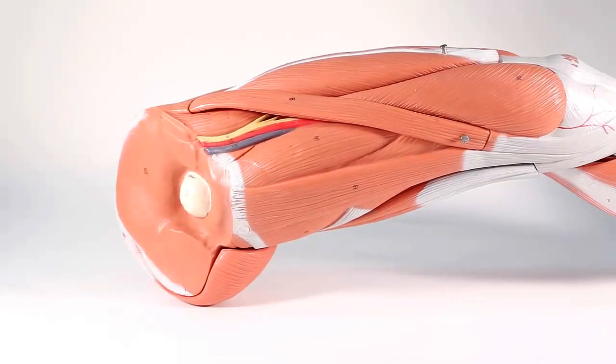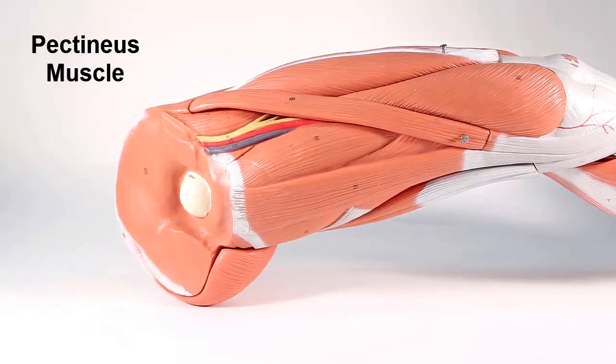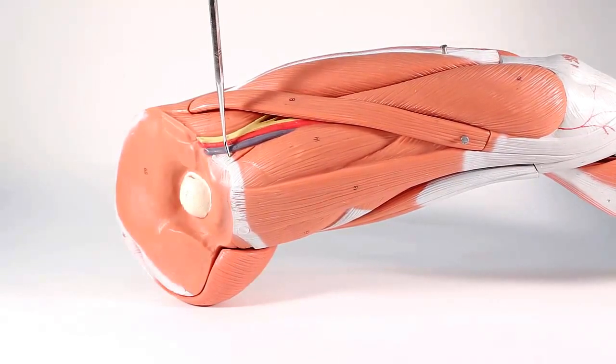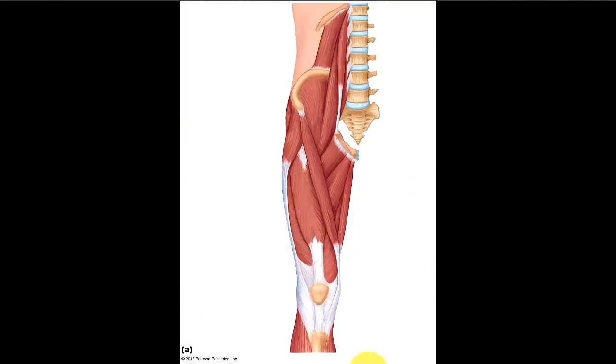Continuing on with a different view now to show more muscles that move the thigh and the femur, looking for pectineus. Now pectineus is a little bit deeper in this model, but you can see a little bit of it located just right here under these vessels. To switch views from the model to a diagram, we can see that the pectineus muscle is located right here.